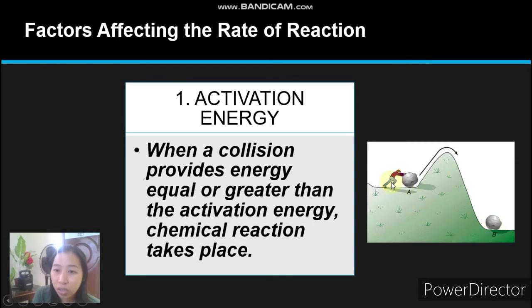That is why you need energy, in the form of kinetic energy, in order for the stone to surpass the hill or your activation energy. So that is why pag imuha na siyang malabuan ang imuhang activation energy, then a reaction will take place. Nahulog na ang imuhang bato sa other side. Kini na siyang pasabot sa activation energy.